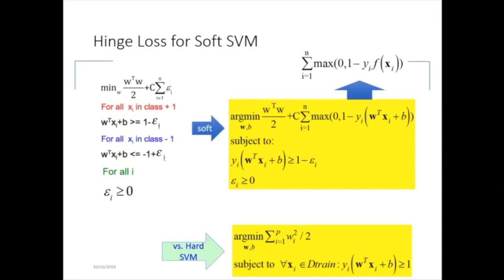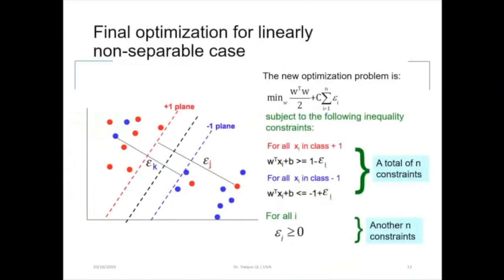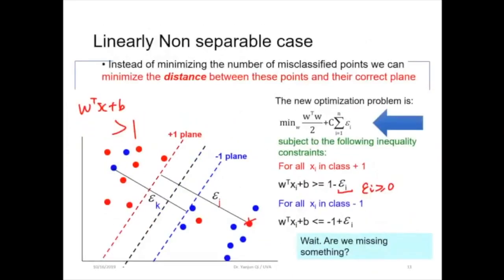Okay, so what is that epsilon summation formulation? In fact, the true loss formulation is this. This is called hinge loss. In the old way I'm writing it as the summation over I from 1 to n of epsilon I. Now epsilon I means the distance between the point and the correct plane.